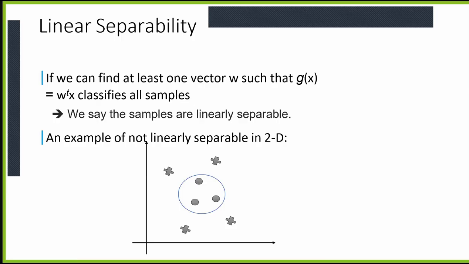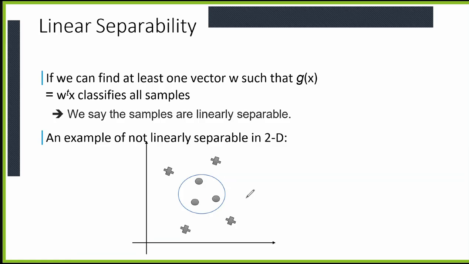So there are some data that are inherently linearly separable, whereas some data are not linearly separable. For example, for this data set, there is no way to divide the circle class against the X class using a line.